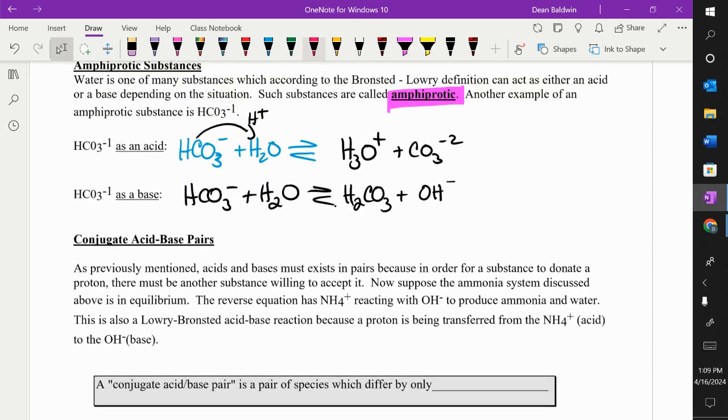Just a bit more definition. If something has multiple protons, such as H2CO3, that means it can donate multiple protons. Okay? And if you can donate multiple protons, you are called polyprotic.